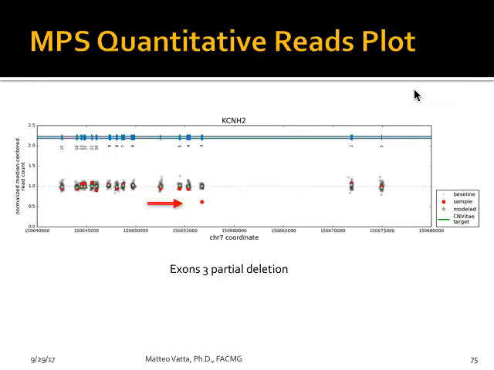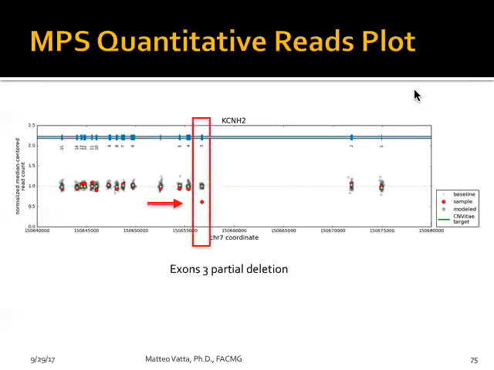So you are expecting 2 copies if this has a normal amount of alleles. But in this case, you see that there is a deletion on exon 3, and with the split reads, it turns out to be a partial deletion affecting intron 2 and exon 3.